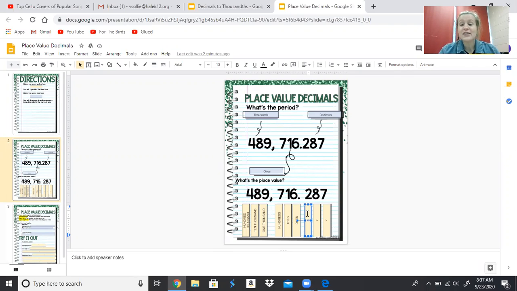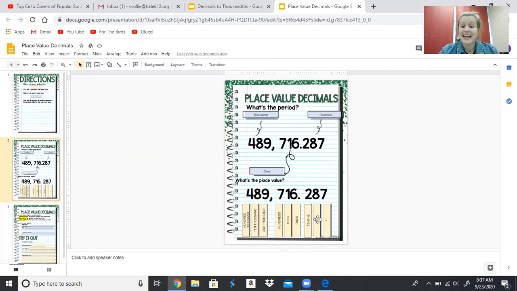Okay, so that 2 is actually not in the ones place. It's going to be in the tenths place. Tenths. So when you're talking about places behind the decimal, they're always going to have that THS on the end of the place value. But we don't start in the ones, we start in the tenths, right?